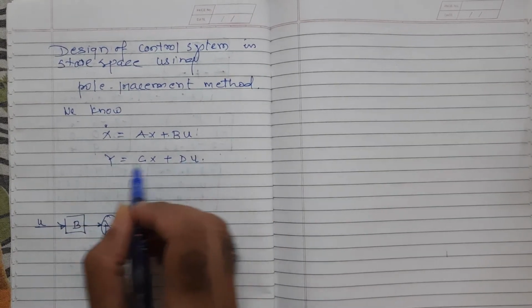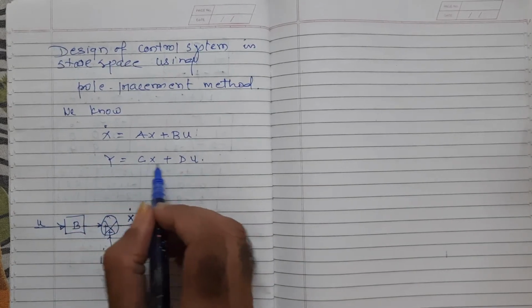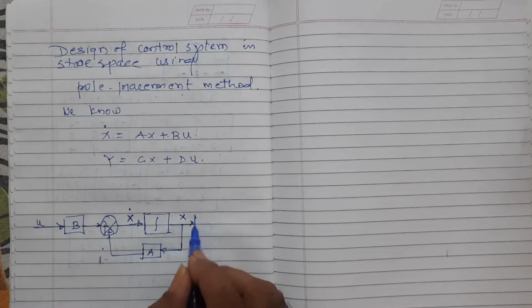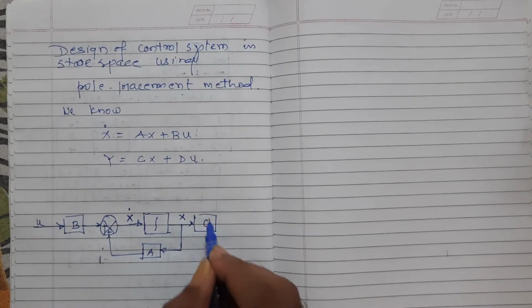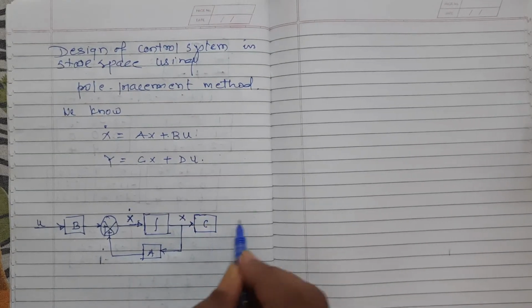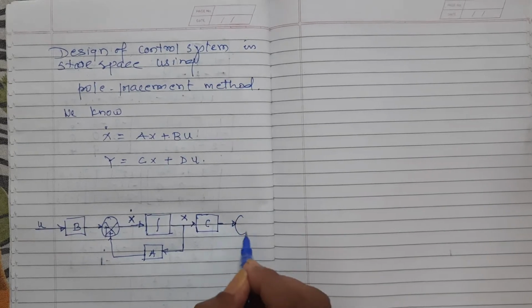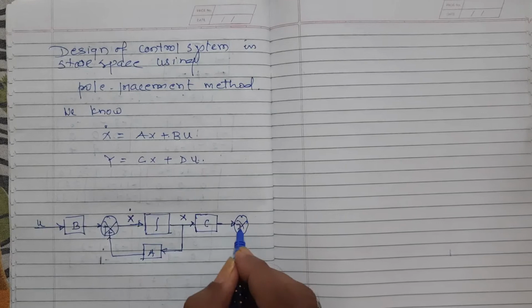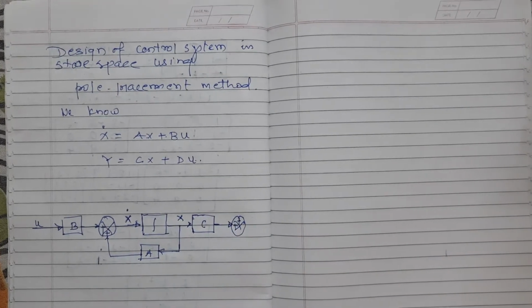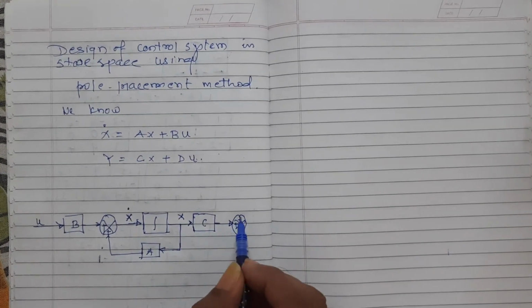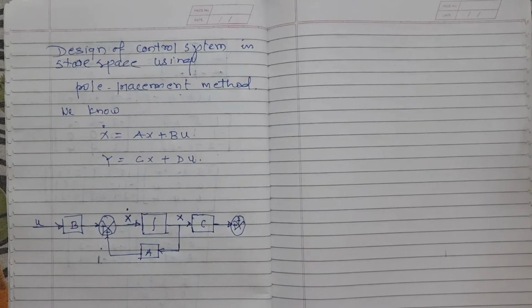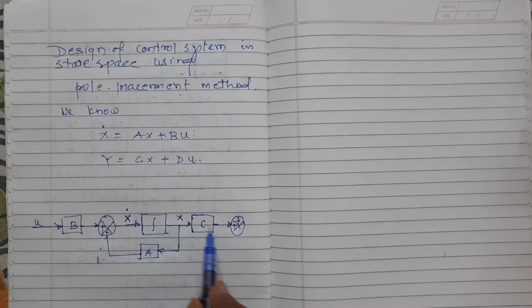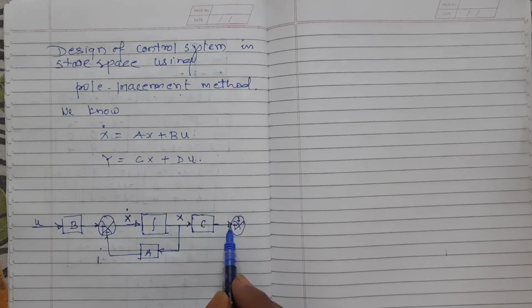Now the equation is y equals Cx plus Du. Now x is here, we will multiply it by C, so we put the block C here. Here again it is Cx plus Du, so we have a summing point and both are positive, so we put plus signs over there. Now x multiplied by C gives Cx here.